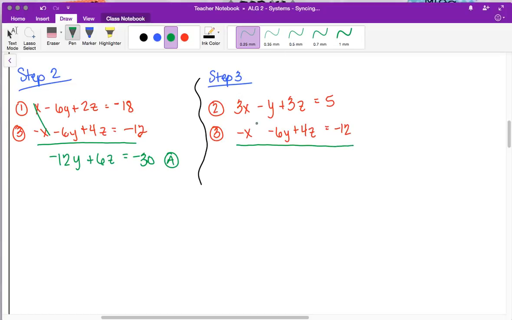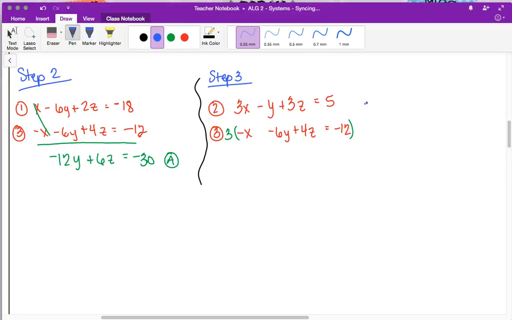So in order to eliminate x, I'll take that line away because I cannot add them together to eliminate a variable. But if you notice, equation 2 has a 3x and equation 3 has a negative x. If I were to multiply equation 3 by a 3, then I'll have a negative 3x. It will cancel with the positive 3x in equation 2. So let's do that.